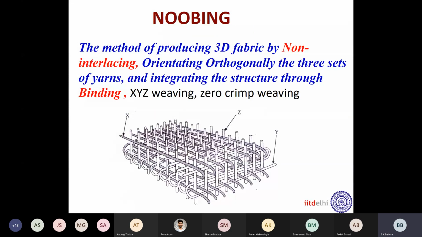Okay. Then this is the next type of 3D fabric. It's called noobing. What is noobing? This is exactly what we discussed, the same fabric, but the terminology is different.